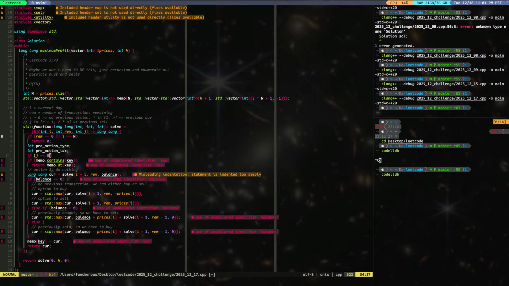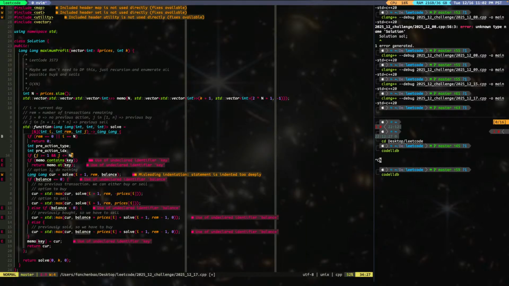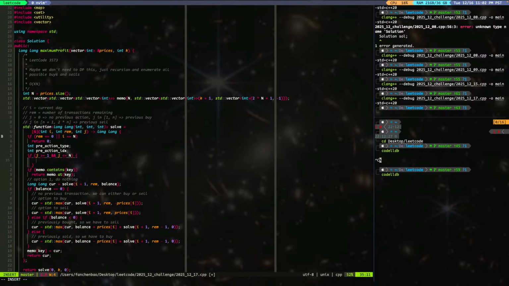So what we need now is previous action type. If J is larger or equal to 1 and J is smaller or equal to n, right? If that's the case, then previous action type is equal to buy.